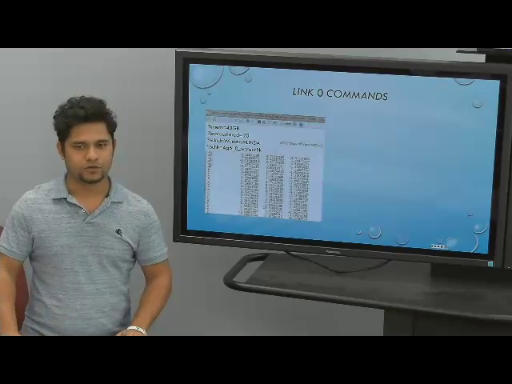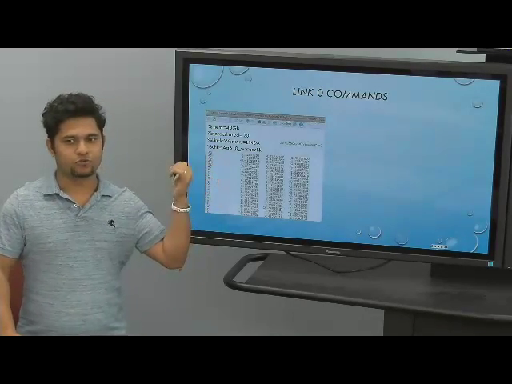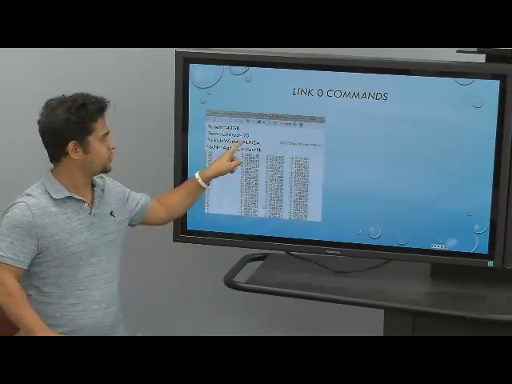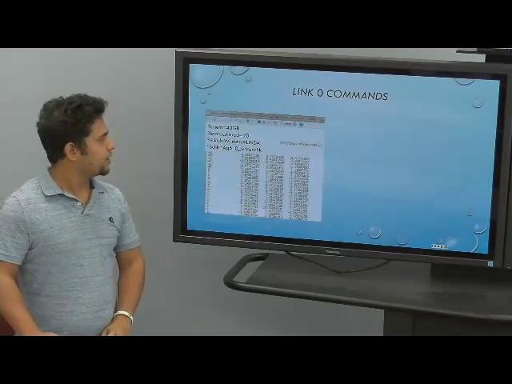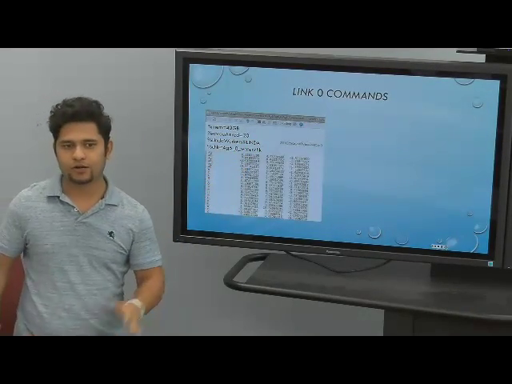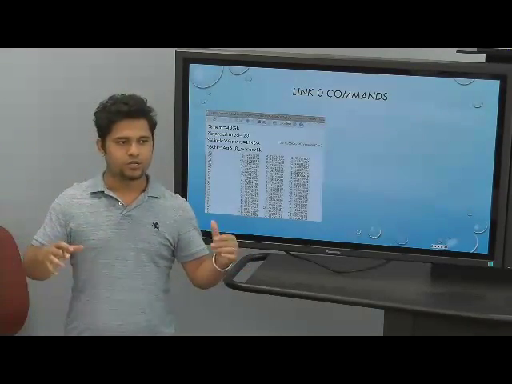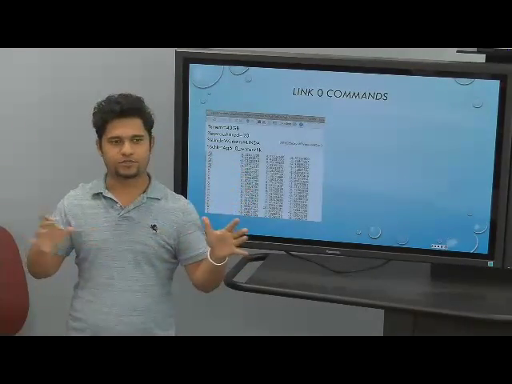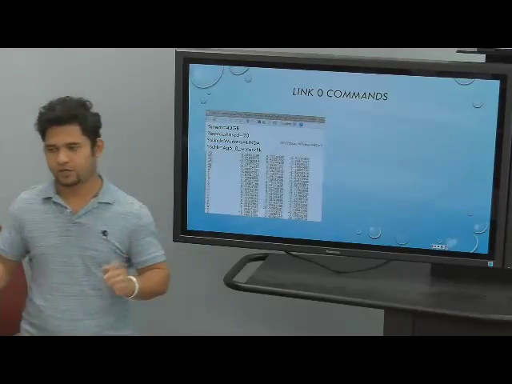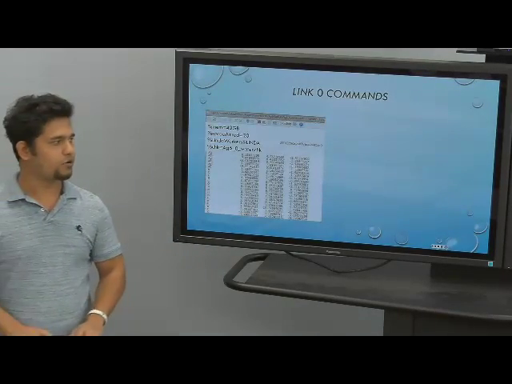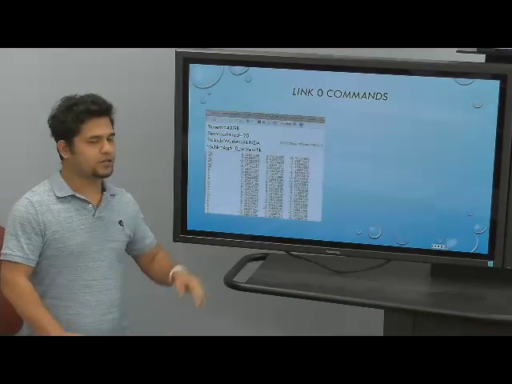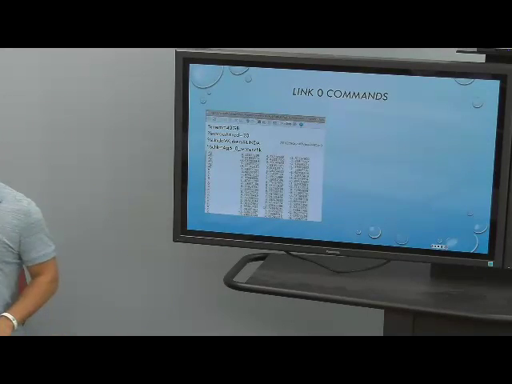Usually Thunder has 20 processors in each node, so 20 is included here. And Linda: if you want different nodes for a single job, sometimes we need to parallelize across the nodes. So this Linda software can parallelize across different nodes, and we can use more hardware facilities. And the last one is just the checkpoint file name.